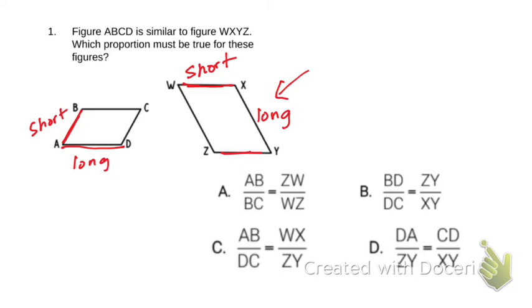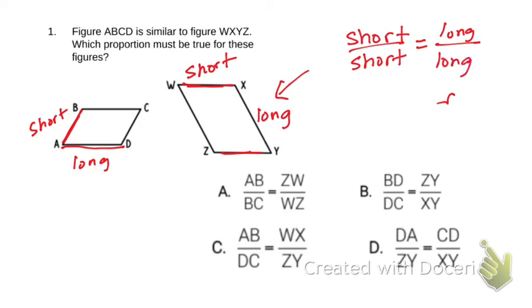So when we set this up, what we would need to see is comparing the two short sides like that, and then long sides, where maybe the top row represents the small parallelogram and the bottom row is the large parallelogram. Or we could switch it where the left and right are the small and large parallelograms.